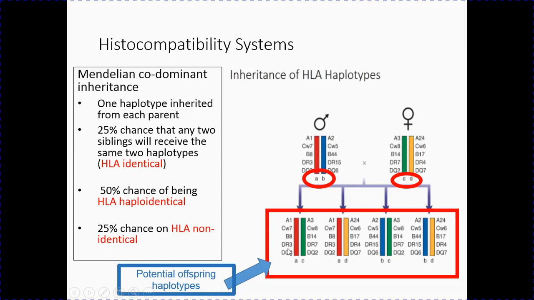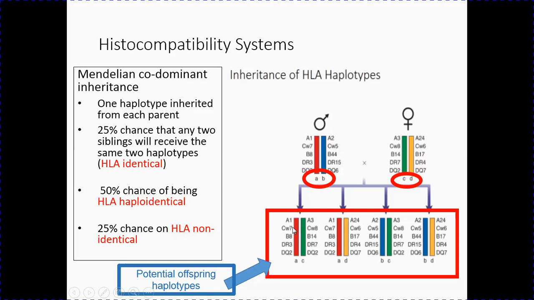So if this was me and I needed a transplant and I was checking my siblings, there's a 25% chance that one of them will look exactly like my genetic pattern. If I look at the 4 examples here, there's only one of them that's an AC. So 1 out of 4 is 25%. We call that HLA identical.